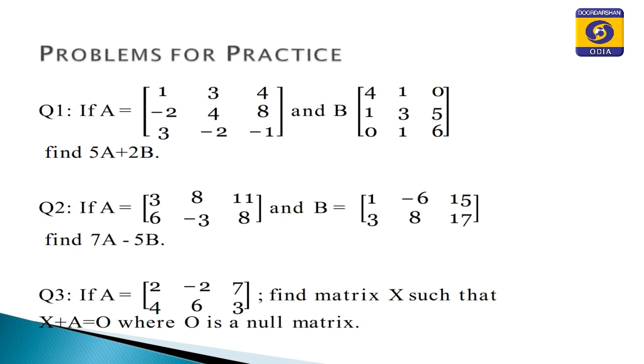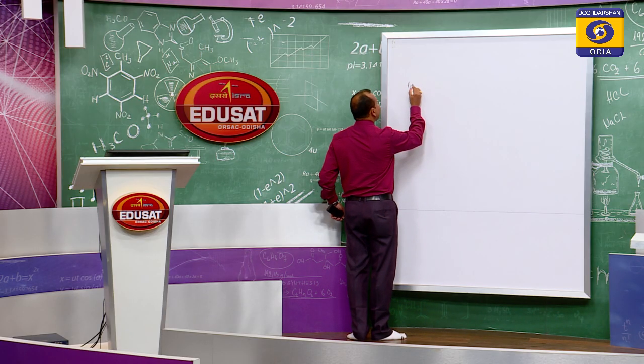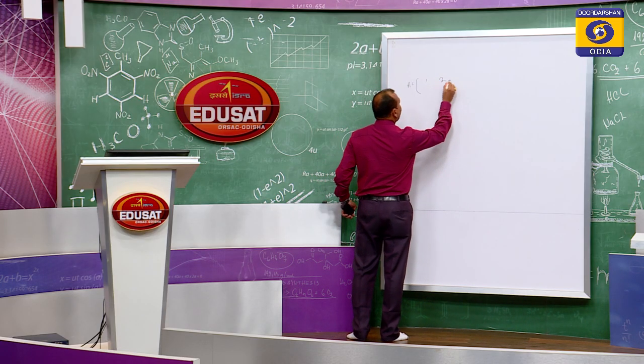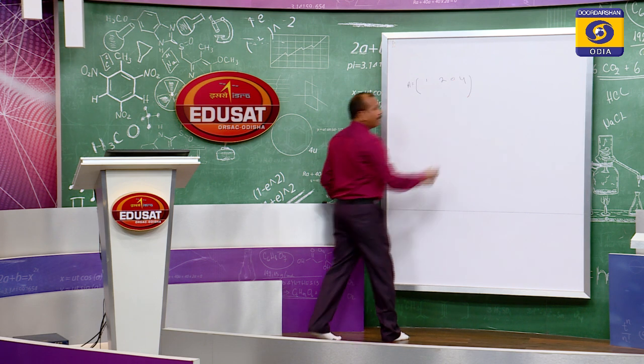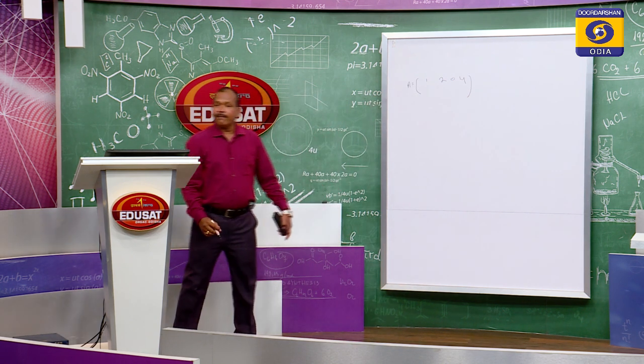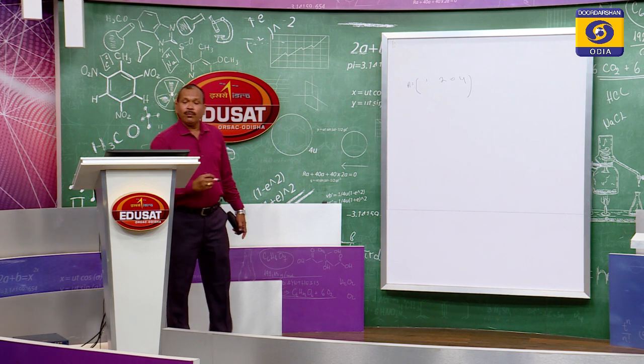Here, as an example, I work out one of the problems. Suppose number 5 is given: A is a matrix 1, 2, 0, 4 and 2, 4, minus 1, 3.